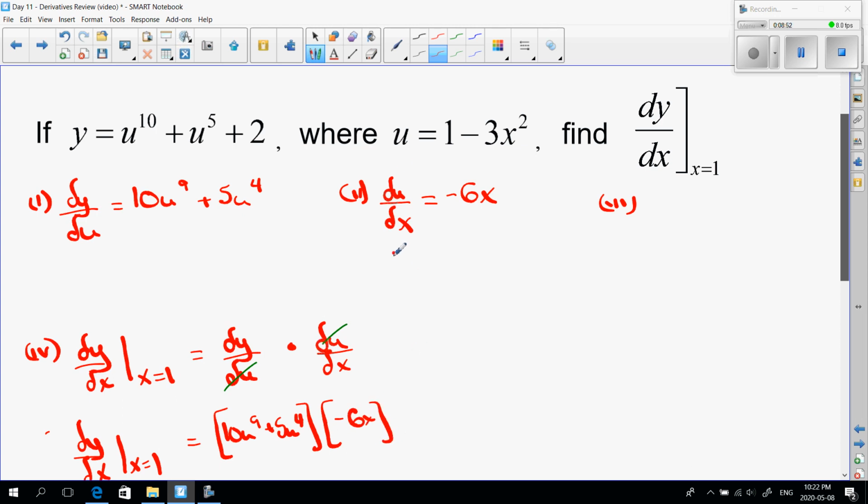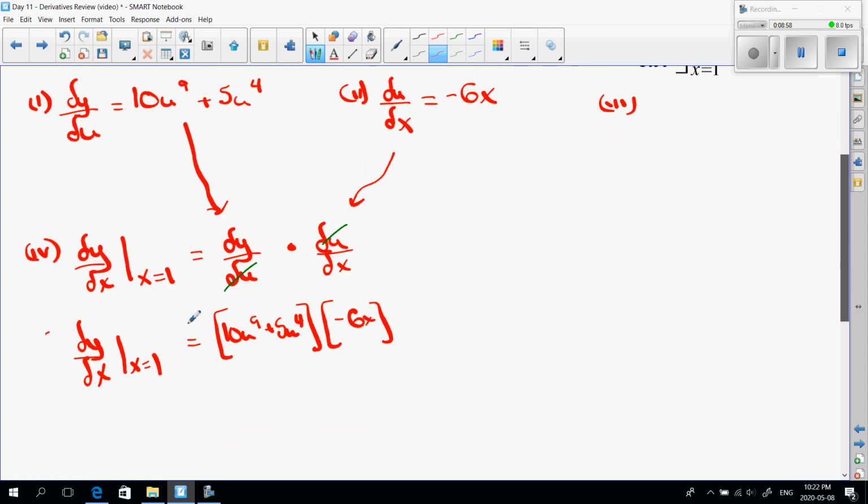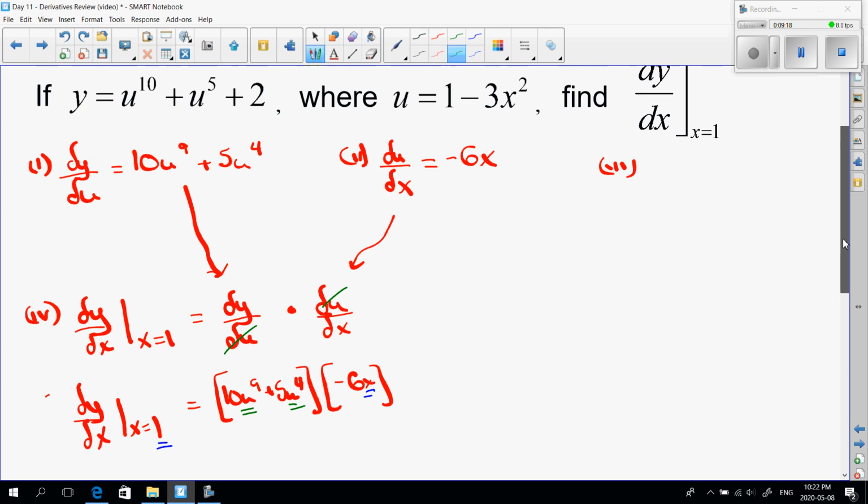All right, so this times this. Well, in order to solve this, yes, I could replace the x's with 1s, but the problem is, what do I fill in for u? And that's where I can do step 3.